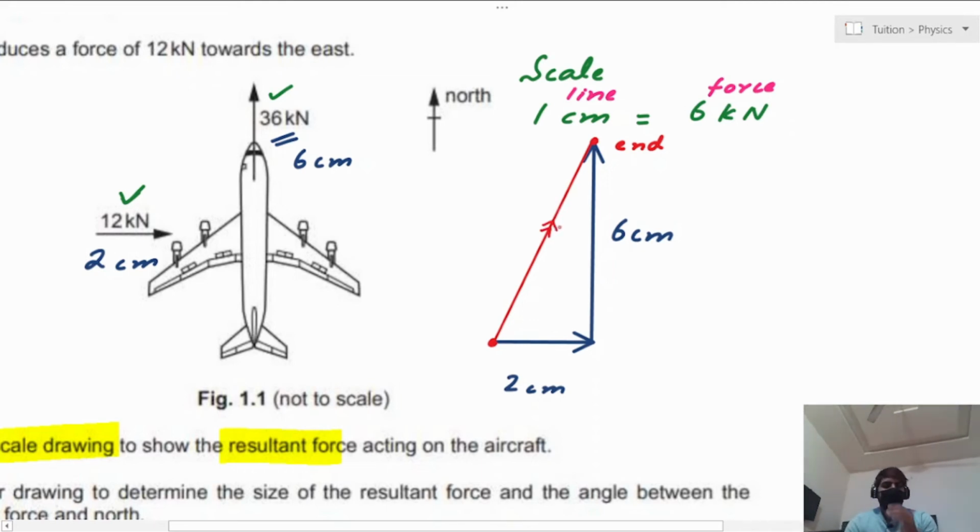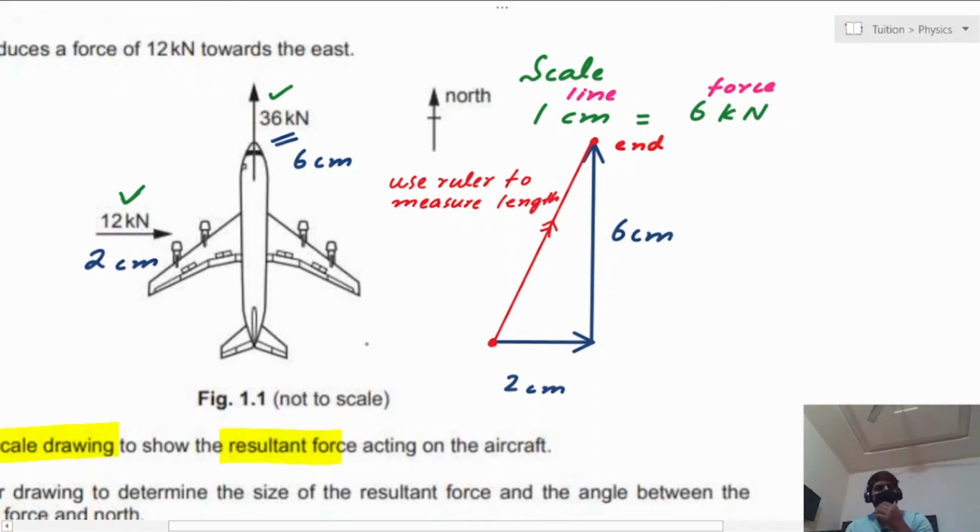Now the next step is to measure the length of this line with the help of the ruler. So you use a ruler to measure the length of this line.